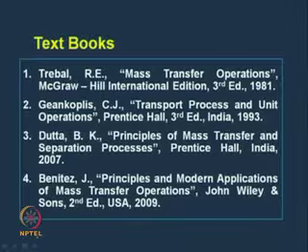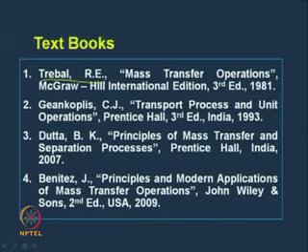There are certain textbooks which we will follow. Treybal, R.E., which is a very important book for basic mass transfer operations. The title is Mass Transfer Operations, McGraw-Hill International Edition, 3rd edition, 1981. Second one is Geankoplis, C.J., Transport Processes and Unit Operations, Prentice Hall Publications, 1993.